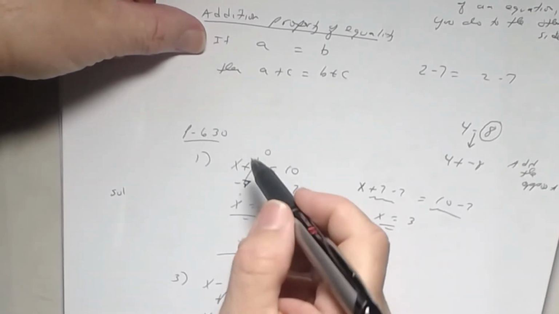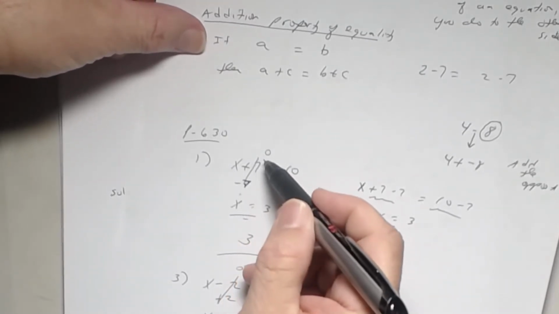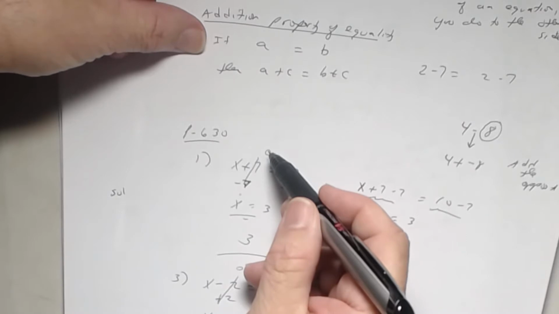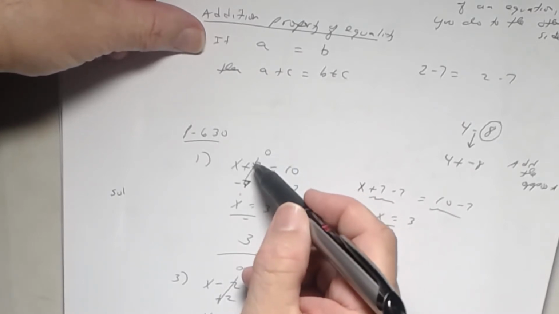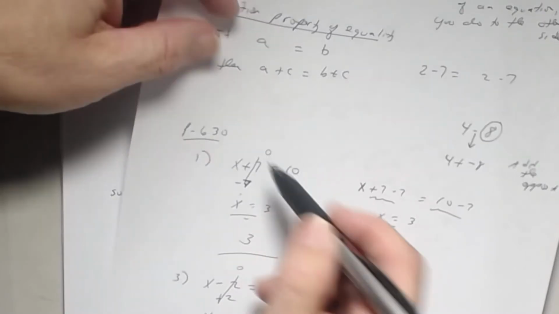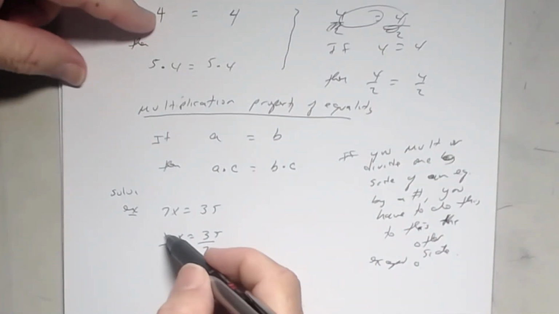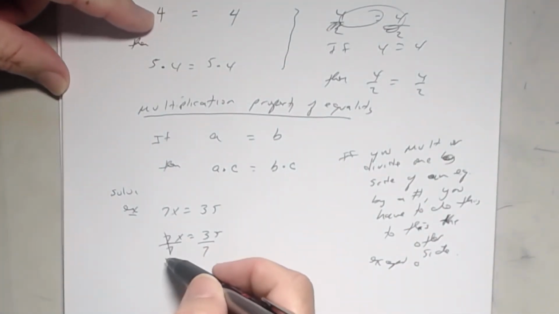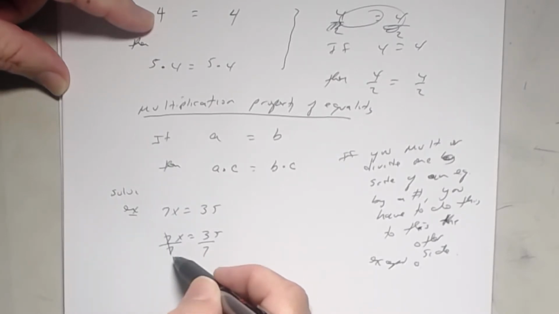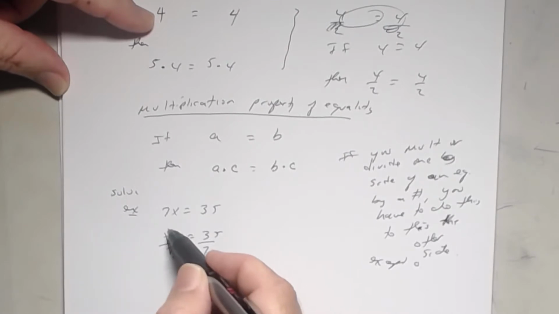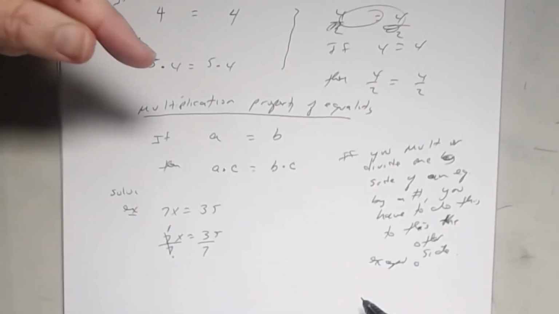But notice, I didn't just cross this out here. What else did I put? A 0. Because that's what it is. So positive 7, negative 7 is 0 here. Here, you have a habit of doing this without even knowing what that is. When I do this, that's not a 0, that's a what? A 1, because 7 divided by 7 is 1.